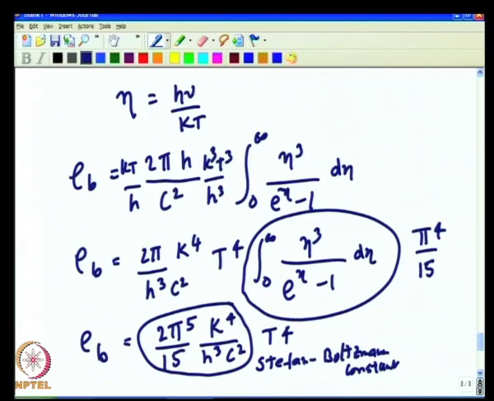But today we know this quantity called Stefan Boltzmann constant with the symbol sigma. This quantity can be evaluated from 3 of the universal constants in physics: the Planck's constant, the Boltzmann's constant, and the speed of light in vacuum, because this blackbody radiation calculation is for vacuum.